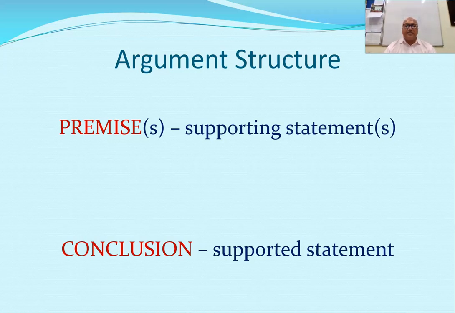And there is a unique relationship between the premises and the conclusion of an argument. This relationship is given the technical name implication. So with all these logical terms, we can redefine argument. An argument is a combination of premises and conclusion, and there is an implication relationship between the premises and conclusion.